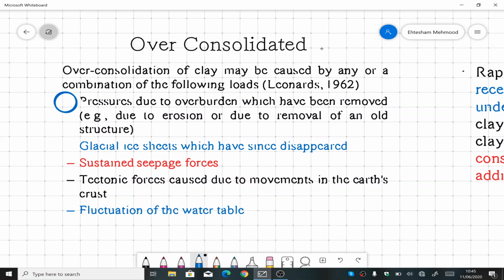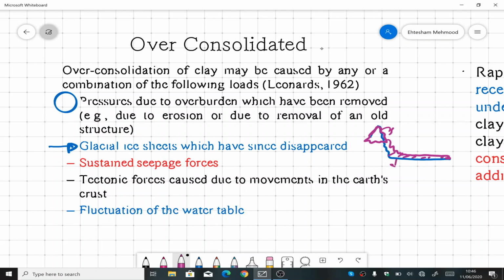The second can be that there was a glacial ice sheet which has disappeared. That generally happens near the mountain regions. If this was a mountain and this was the ground surface and we had this ice cap on top, there was an avalanche and all this ice fell and moved around the ground and stayed on top.